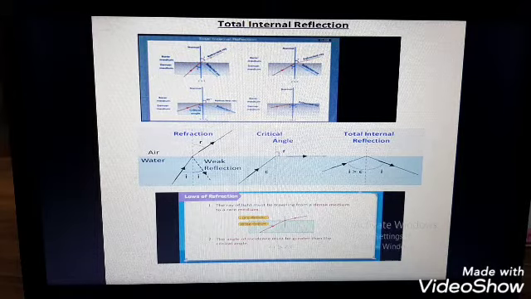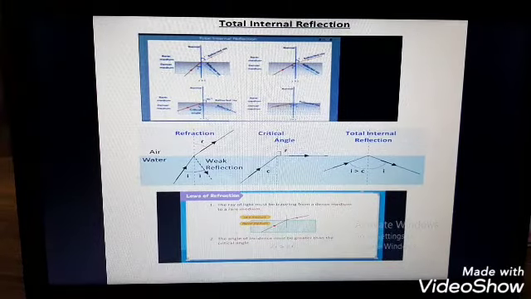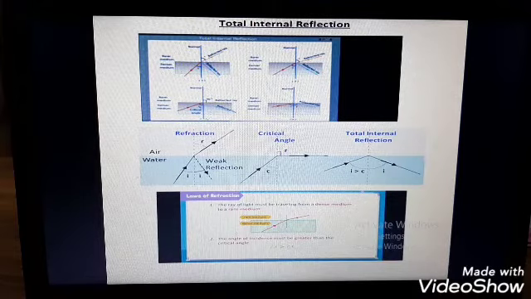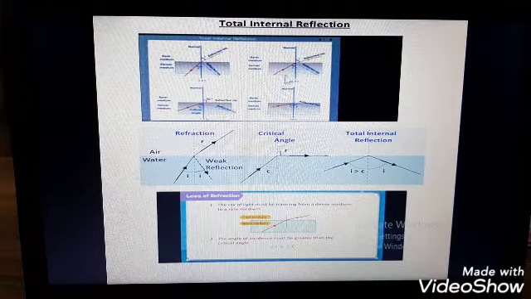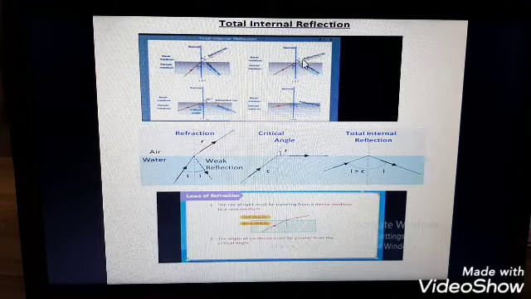Okay, now move to the second figure. Here there might be some angle of incidence. This red line is the angle of incidence. I have increased the angle of incidence now. If you compare these two figures, the angle of incidence is increased, so the refracted ray will also increase, the angle of refraction will also increase.